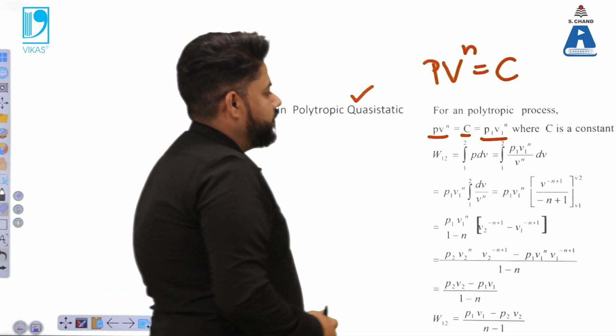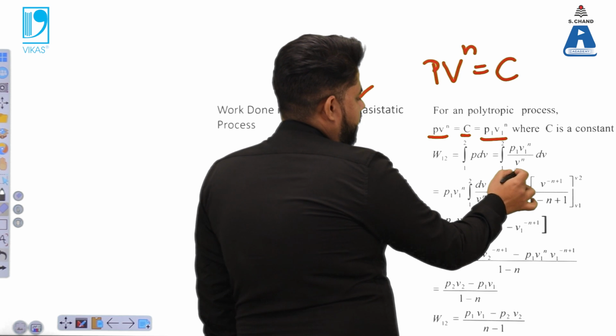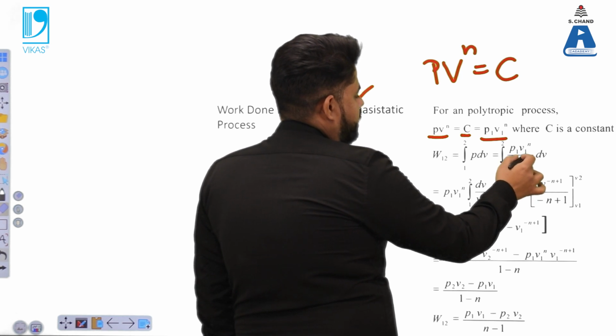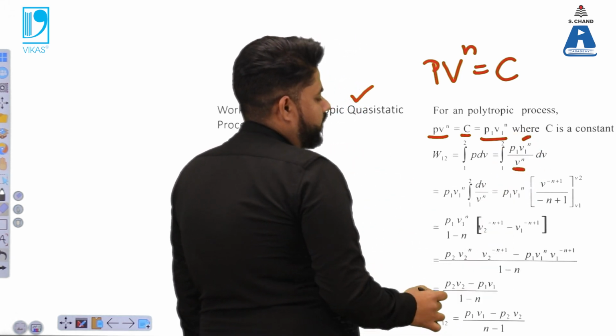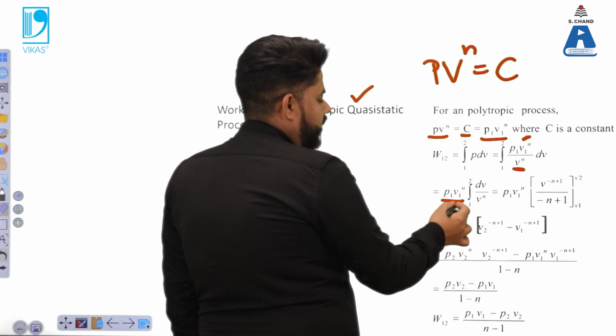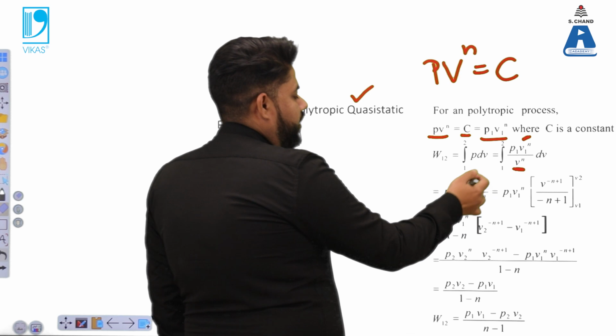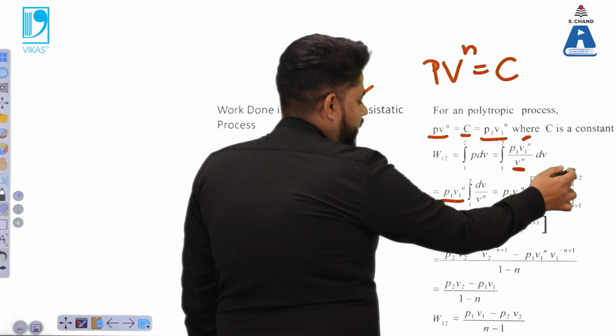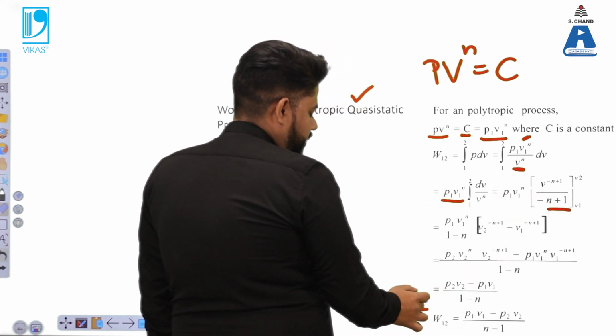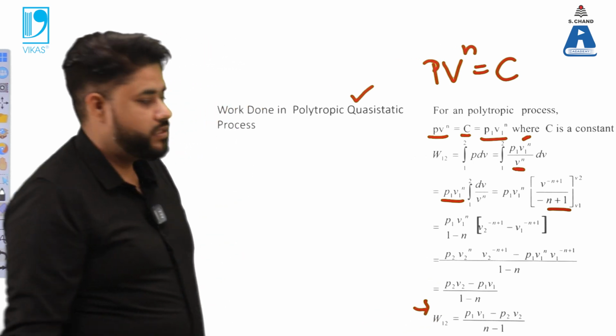As in the previous case, we have written V raised to the power n and V1 raised to the power n here. So this can be taken as a common value, and V raised to the power minus n dV can be integrated. After integrating and putting in the values, we will get this expression, and this expression is particularly for the polytropic processes.